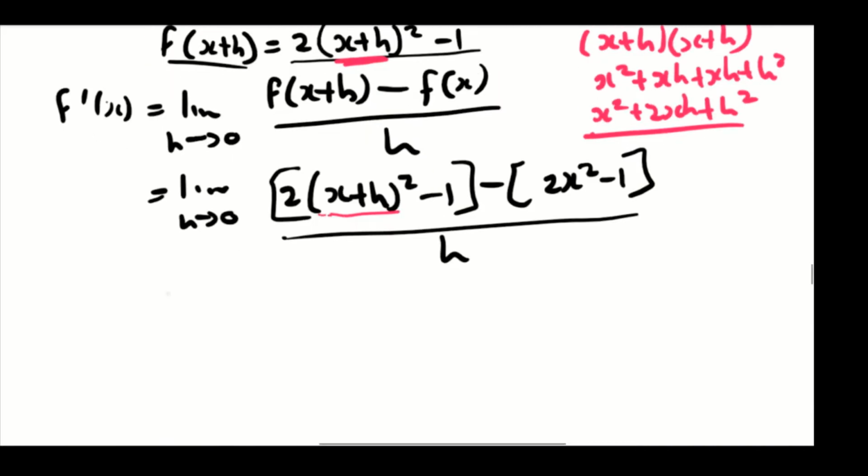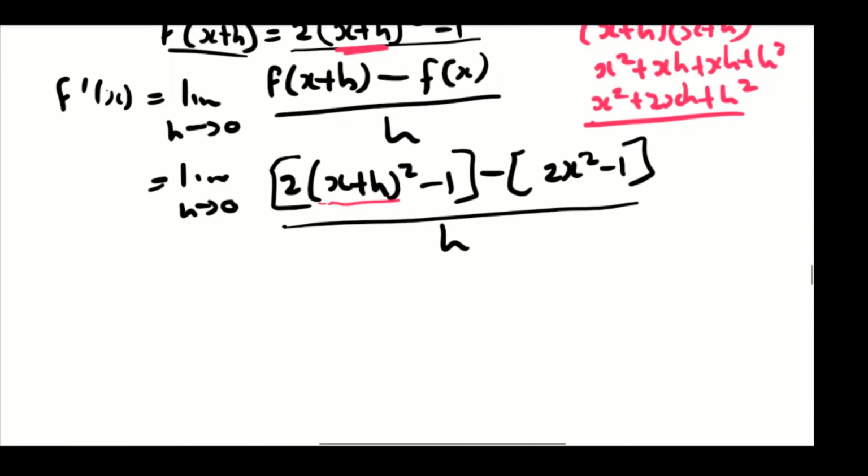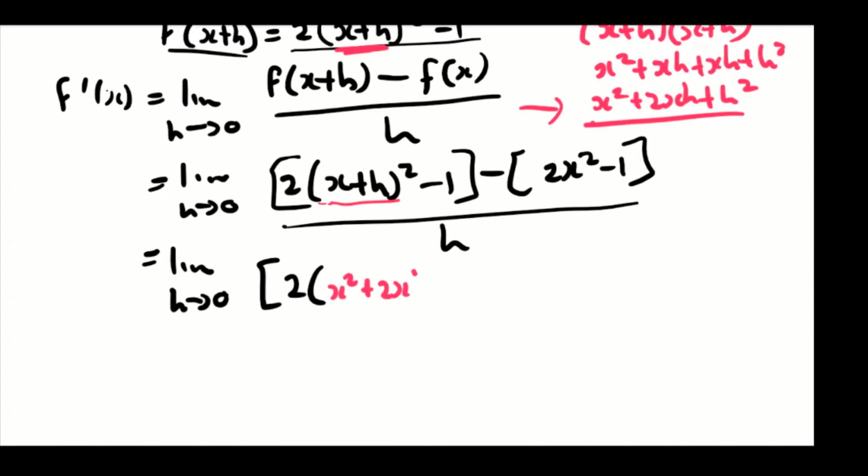So that is that. So we're just going to substitute it there. So we're having the limit when h approaches 0 of 2 into that expression, x squared plus 2xh plus h squared, and then we close the bracket, put the squared there, right?